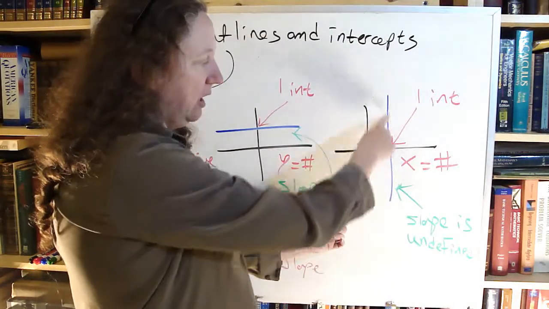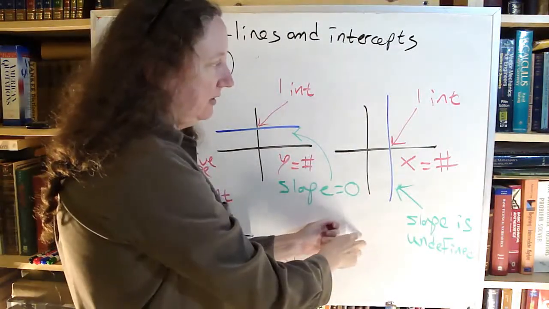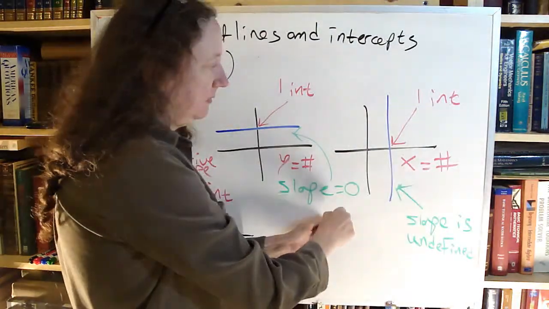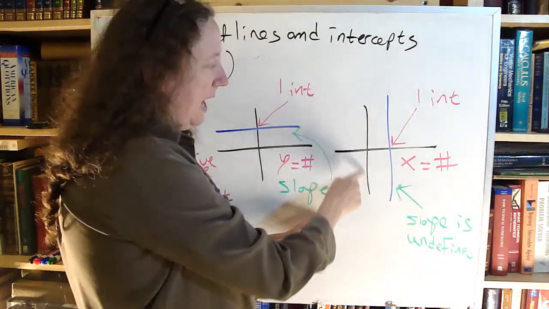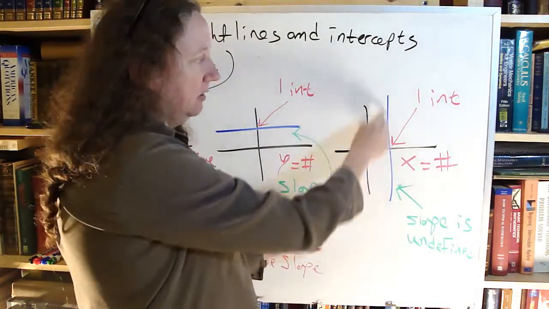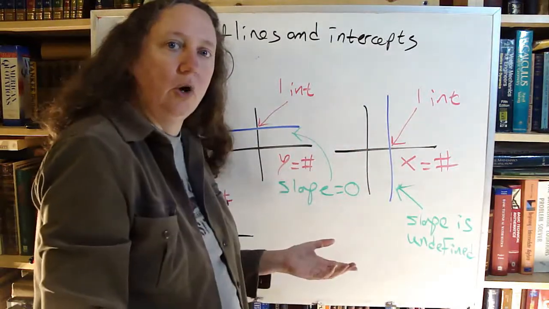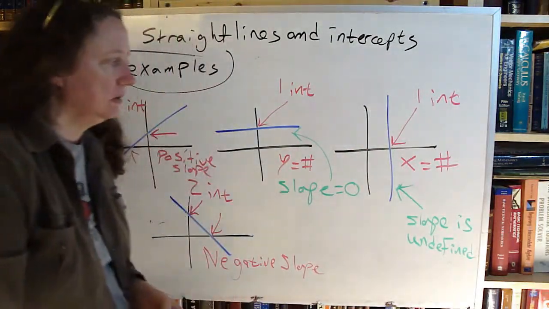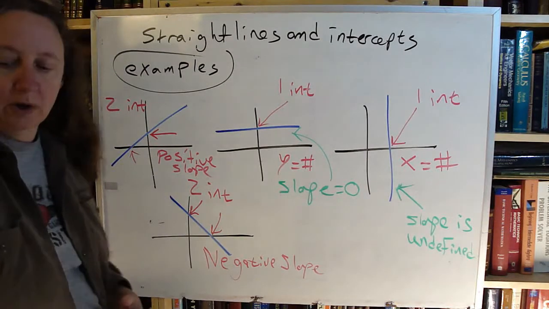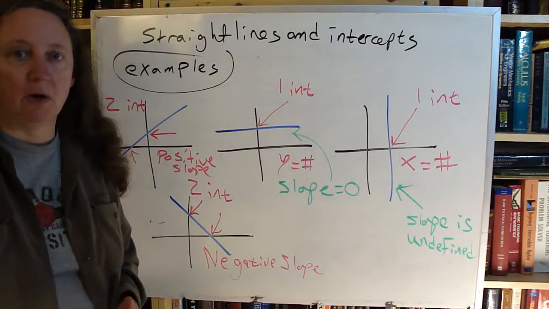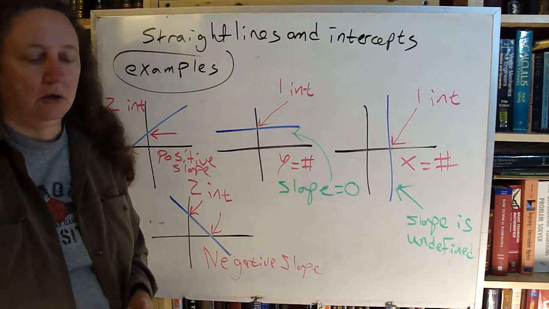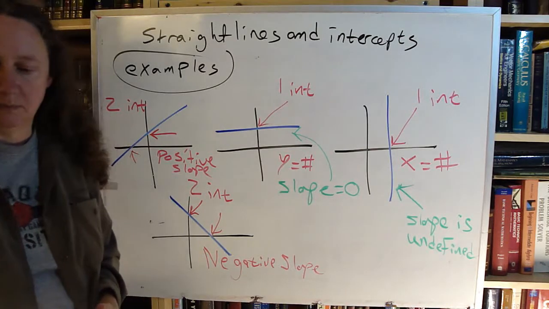It's a vertical line. The slope is undefined. It's x equals a number. So my y-axis, parallel to it, never meets it. No y-intercept on this one. So the question, do all straight lines have a y-intercept? The answer is no, they do not.